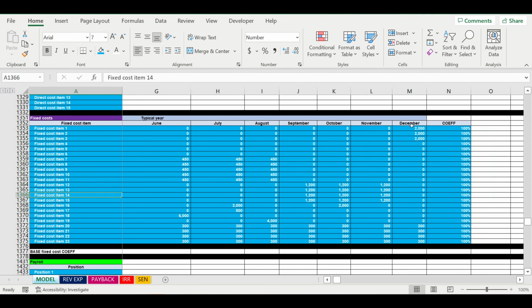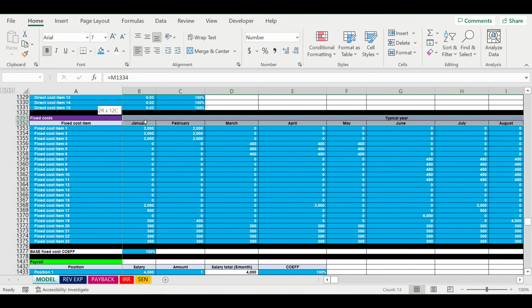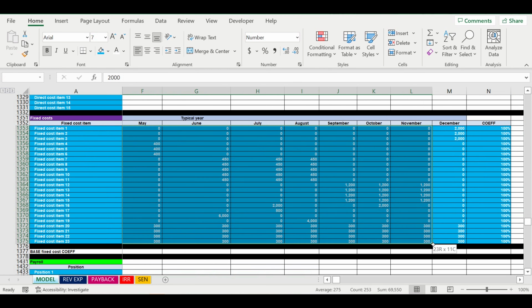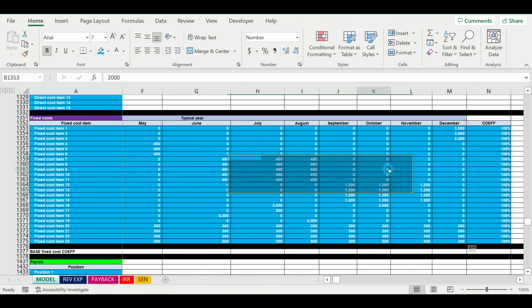So here we have the typical year for fixed costs. On the left we have the fixed cost items, different expenses, and inside the typical year we have the penalty of expenses for each type of expense.